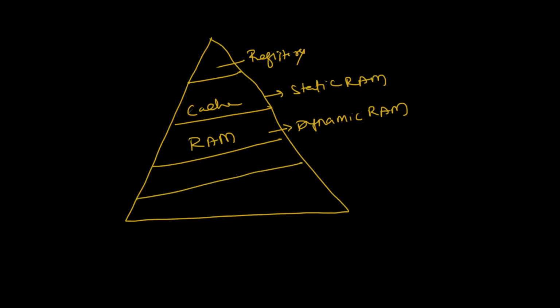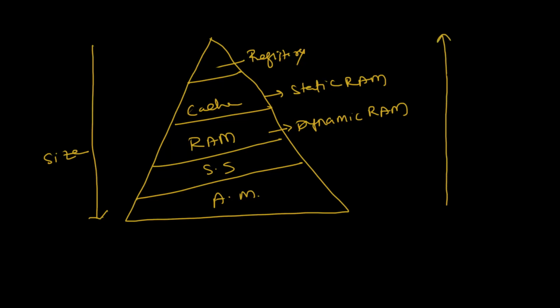And then secondary storage, and then auxiliary memory. If you go from top to bottom, we can clearly say that the size is increasing, right? If you go from bottom to top, speed is increasing, cost is increasing.